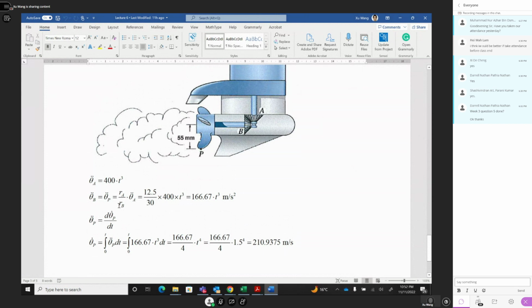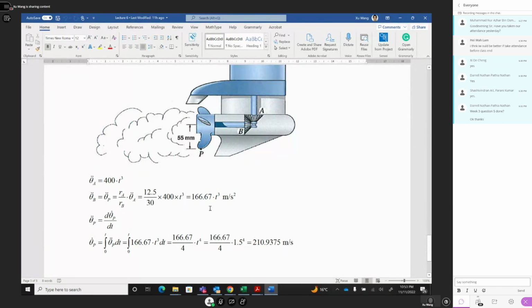So RA we know, RB we know, theta A equals this one. Then you put this one inside and put this one inside, and you get the angular acceleration of theta B equal to this one. Okay, and then because angular acceleration equals d theta dot over dt, do one integration from 0 to t.